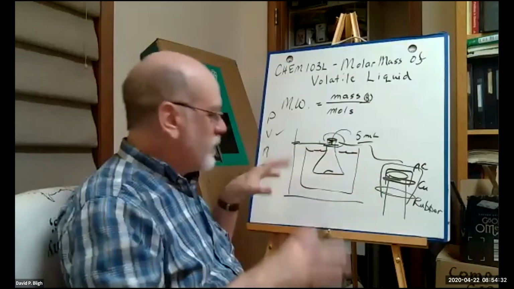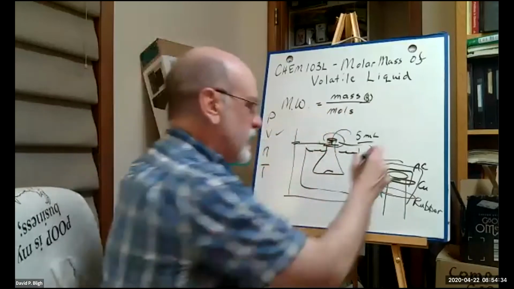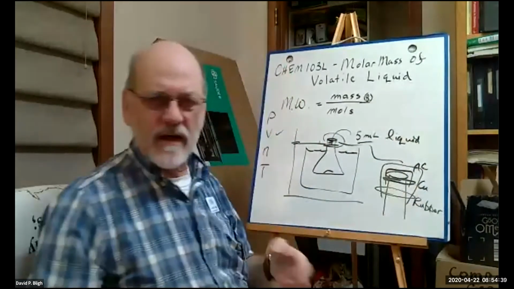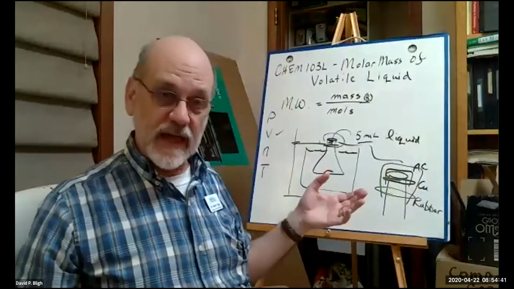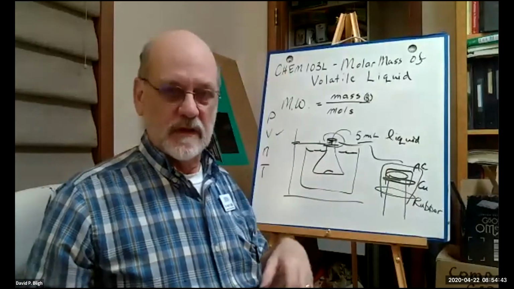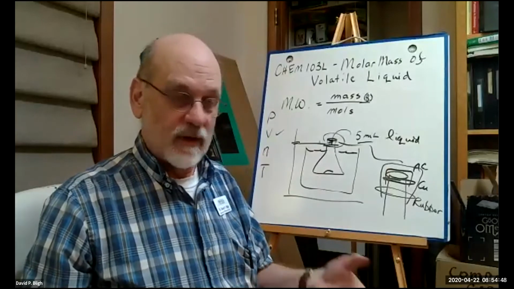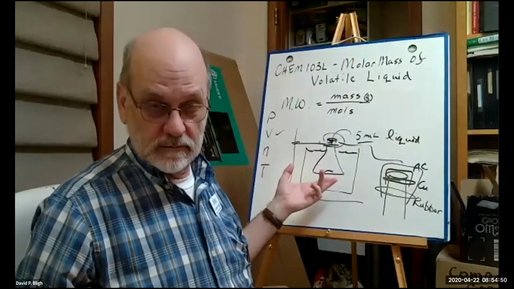Okay, now we've put the 5 milliliters of liquid in here. What do we mean by a volatile liquid? Well, in this case, the liquid has to be reasonably volatile, that is, have a high vapor pressure at the temperature of boiling water, right?